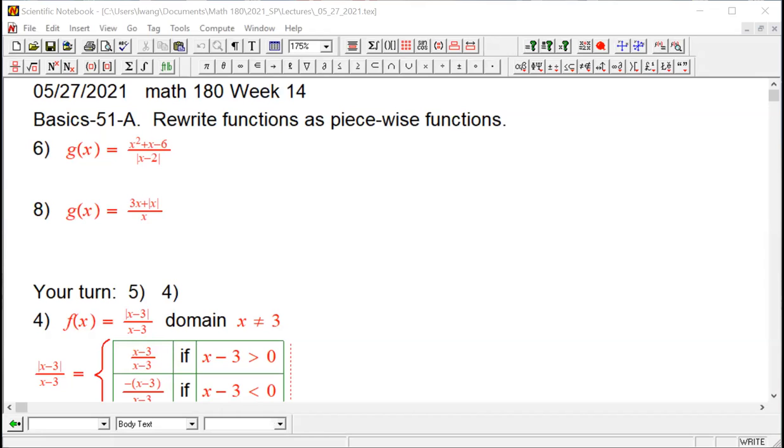What is that? He factored. That's good. He did the factoring. So this expression is the same as that expression. I don't know what this is for.